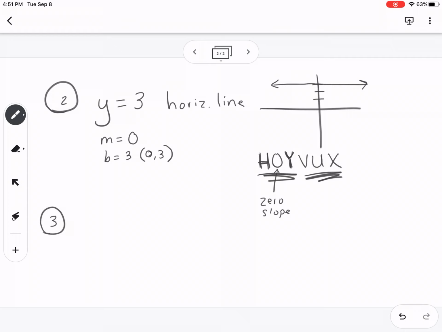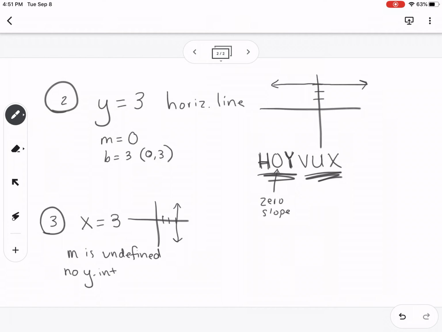So example 3, if we had x equals 3, we would say, oh, this is a vertical line. HOY VUX, vertical line. So in that case, we would have m is undefined. We would say there's no y-intercept. You can look at that graph, right? A vertical line would not hit the y-axis unless it was x equals 0.